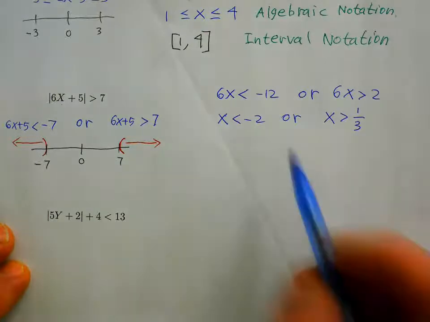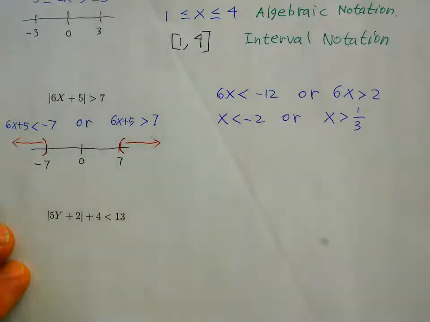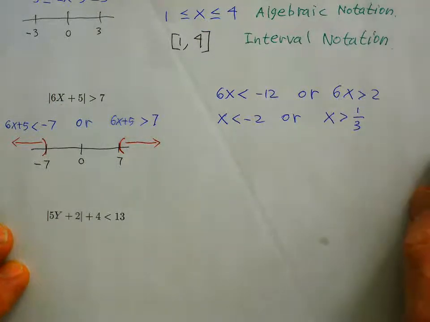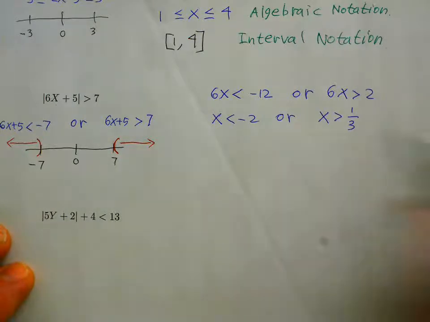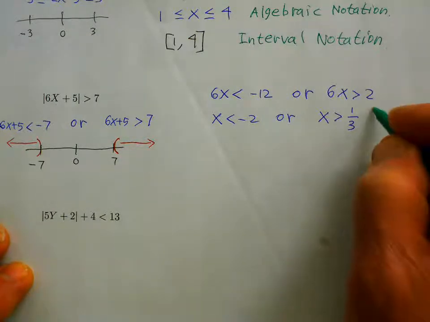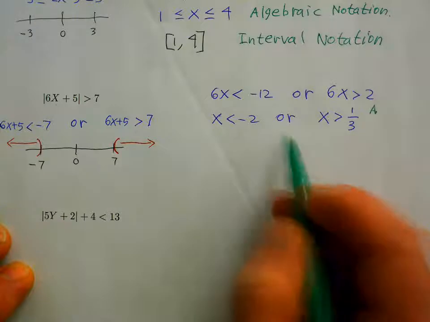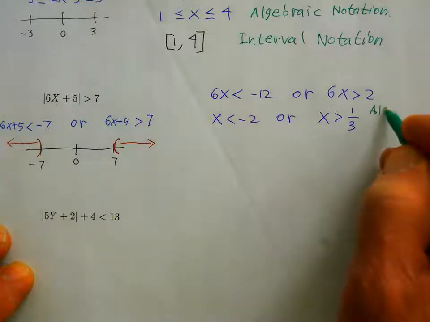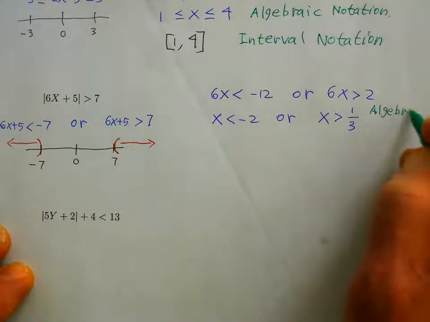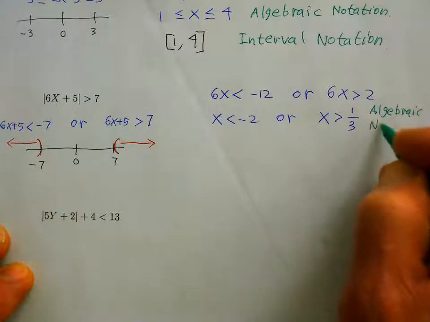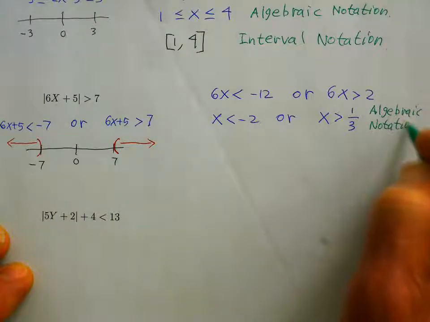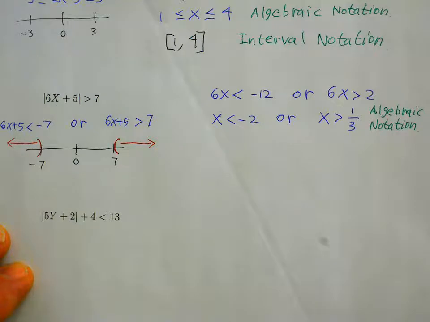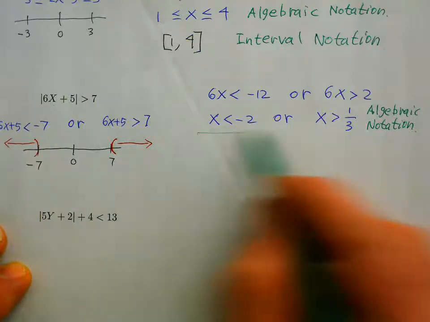This is the algebraic notation. In this case, when we use the algebraic notation, we write the word or. Okay, so this is our answer for the algebraic notation.